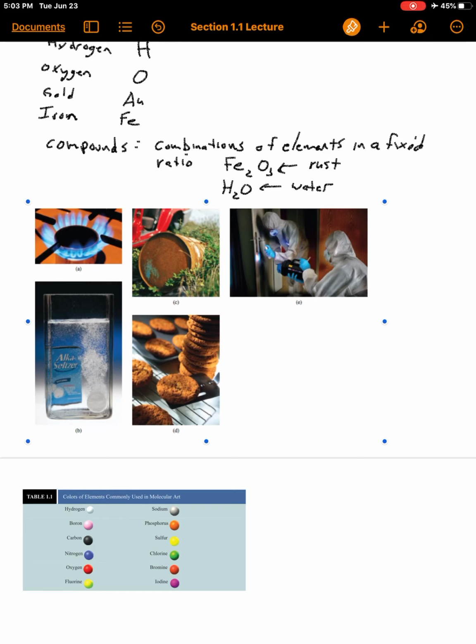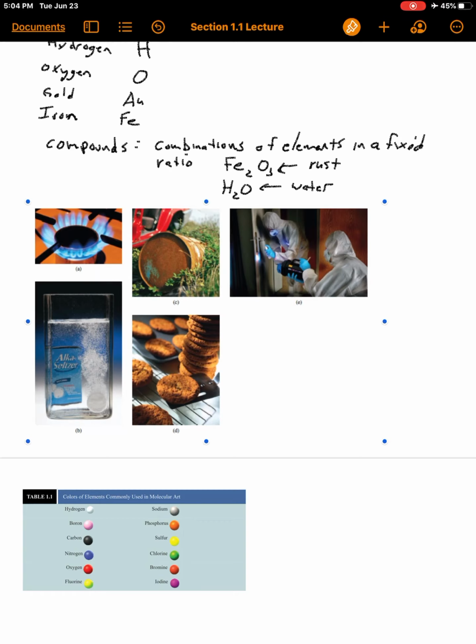On the right, in figure E, they're doing some forensic work. They've added some sort of compound that reacts with fingerprints, and then they're illuminating it with ultraviolet radiation to see if there was any reaction, which would indicate that there's a fingerprint there. That's a chemical reaction taking place between the material and the fingerprint and the spray that they're putting on.